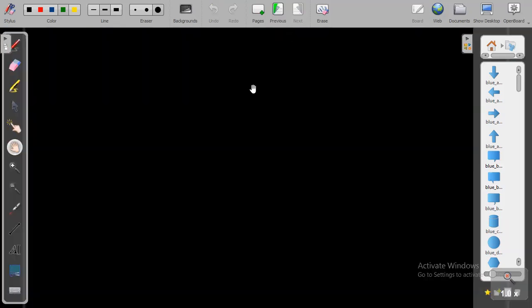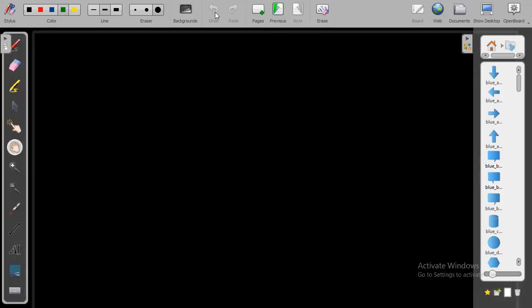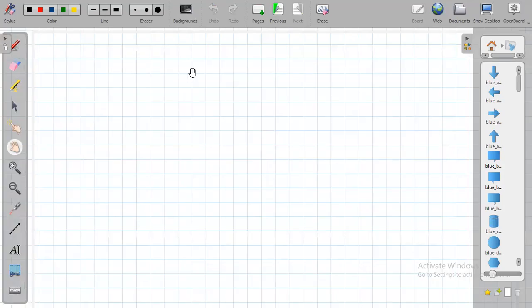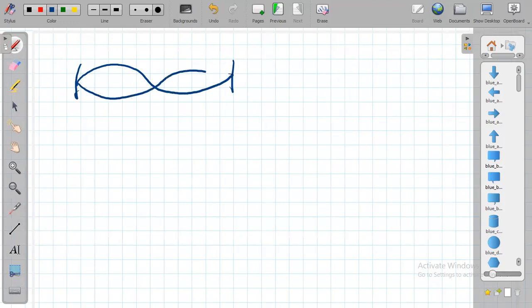Now let me explain the next one. First overtone. What is the first overtone going to be? This is the first overtone. The length is L. So what is my equation? v equals f lambda.